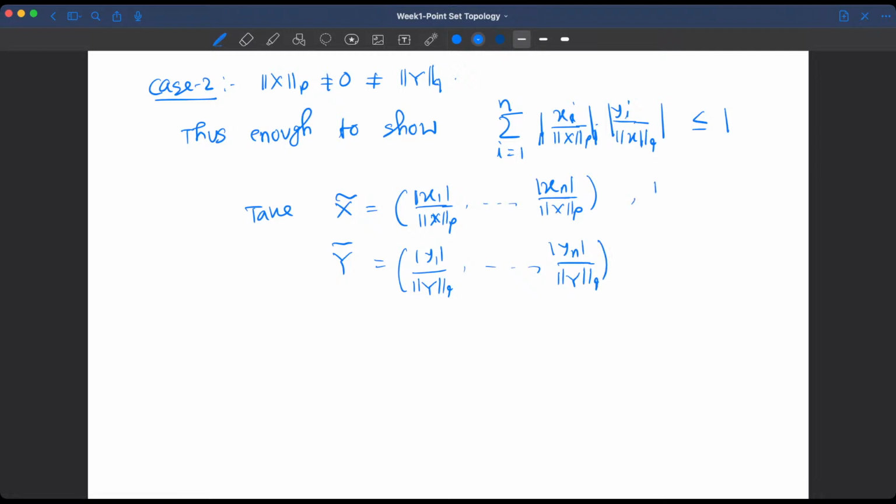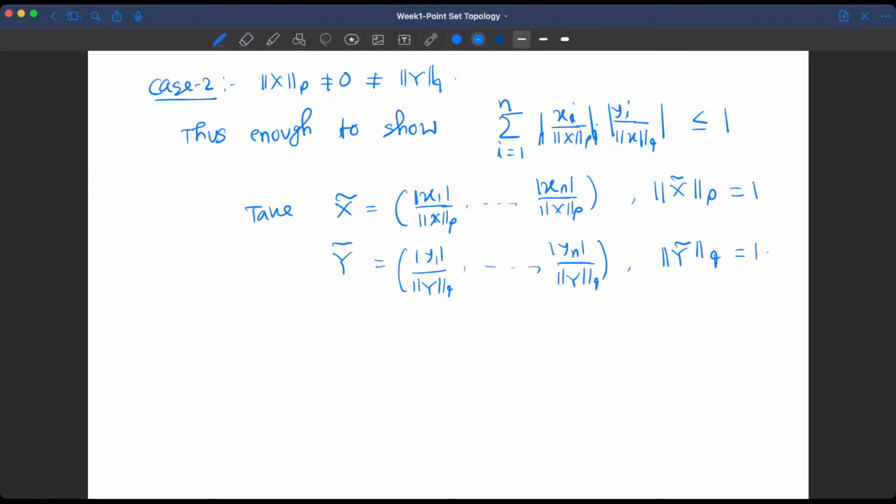Here the norm of x tilde with p is nothing but 1, because we are taking the pth power and dividing x by norm x_p. So if I calculate the p norm, this will be 1. Similarly, y tilde with q is again 1.